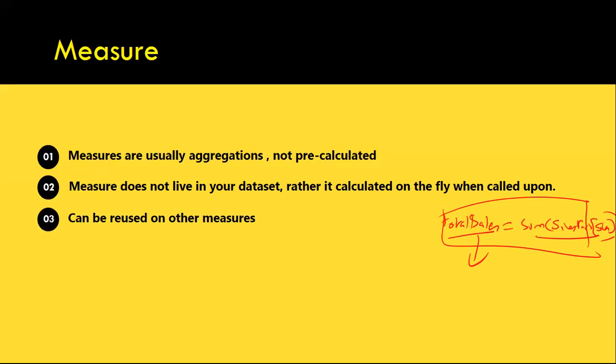The measure can be reused in other measures, and measures will recalculate each time you make any change in your slicer. Let's say in your slicer you select the north region. At that time it will compute the total sales for that specific region. For example, if I want to see the total sales in Pune, and in the slicer you have selected the city Pune, the moment you apply the filter for Pune, it will compute the total sales at that time.